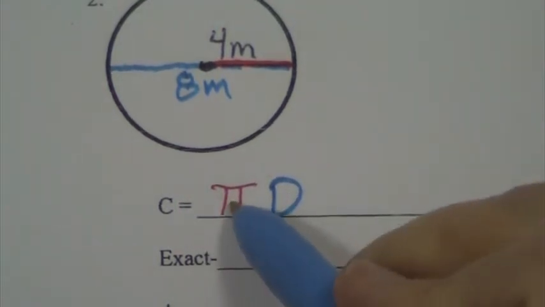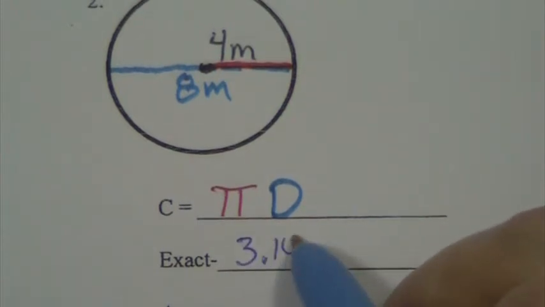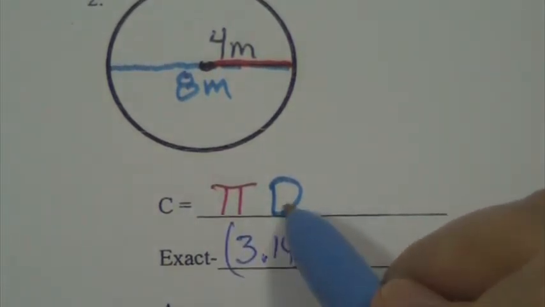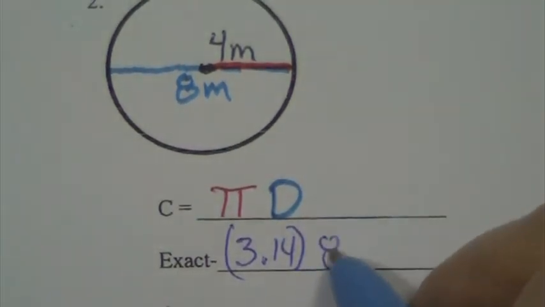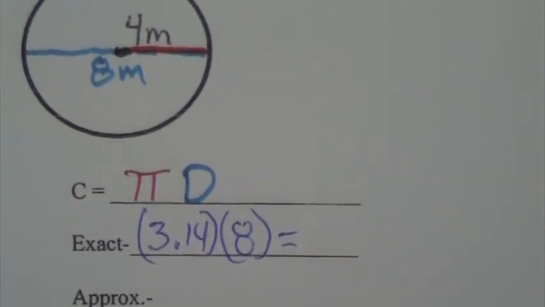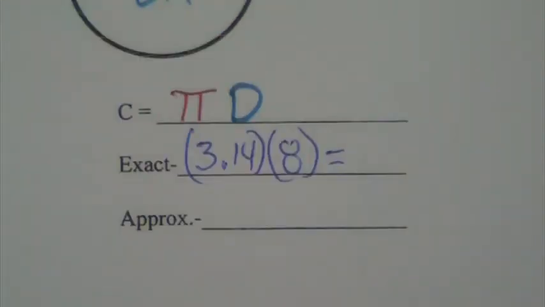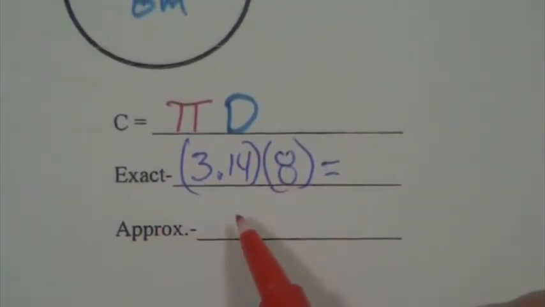So let's see, for exact, pi is going to be 3.14. And diameter, all the way across, is 8 meters. Now I'll calculate that. You can do it manually. I prefer the calculator. I just thought of something. Instead of doing that first, let me just go ahead and approximate it now.